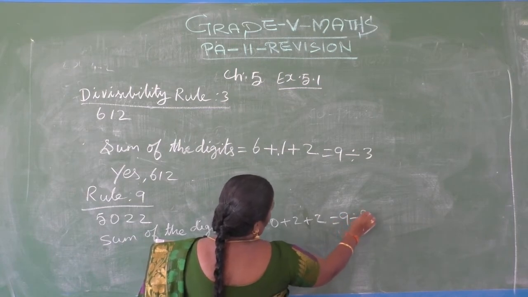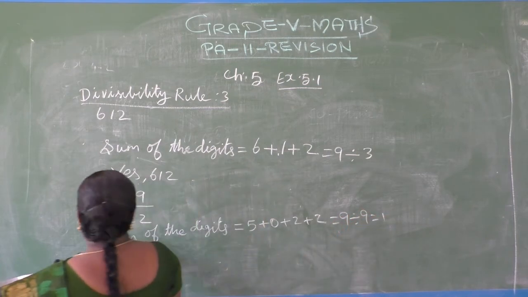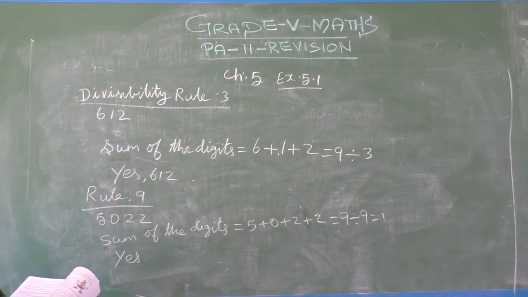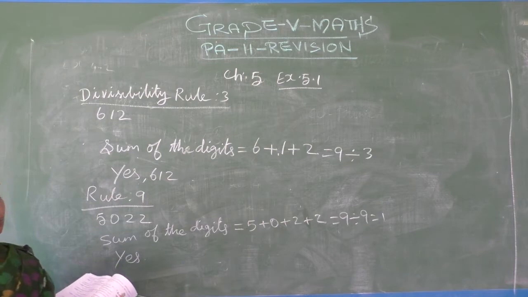So 9 is also divisible by 9. That means the whole number will be divisible by 9. Okay? Right. What is the rule for 4?